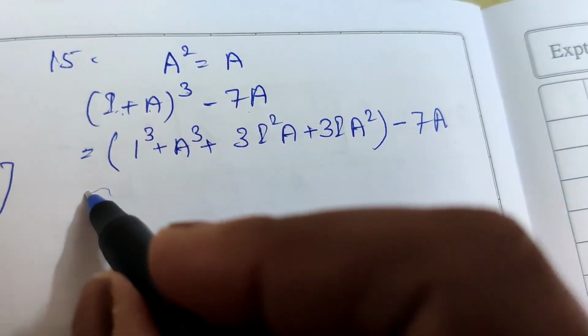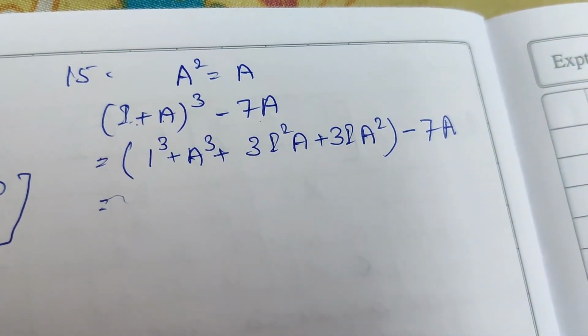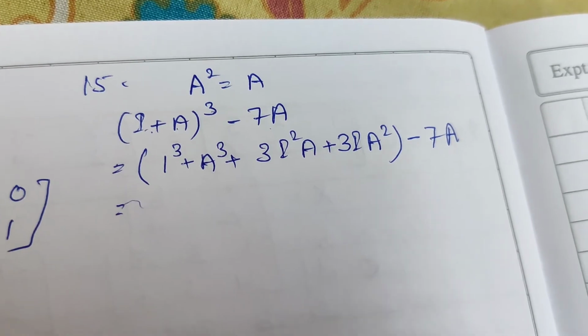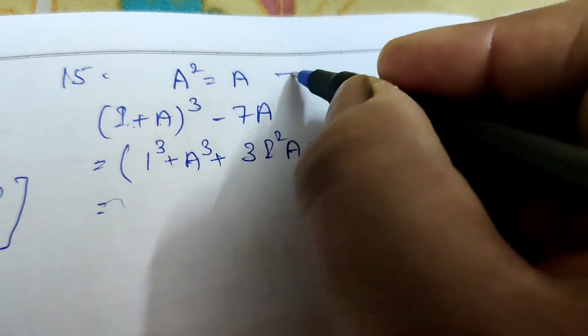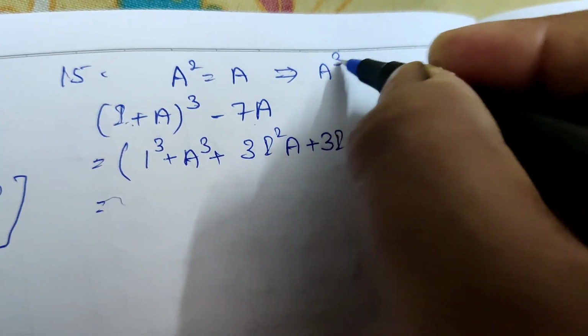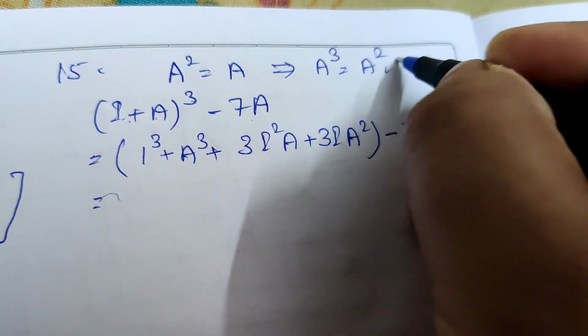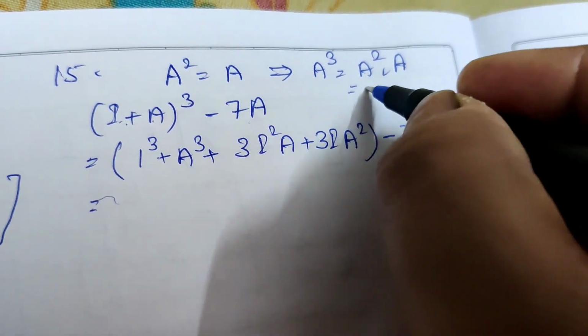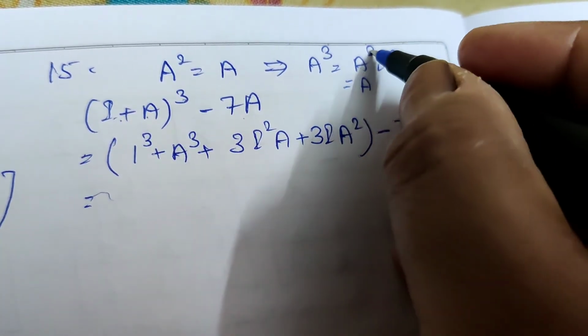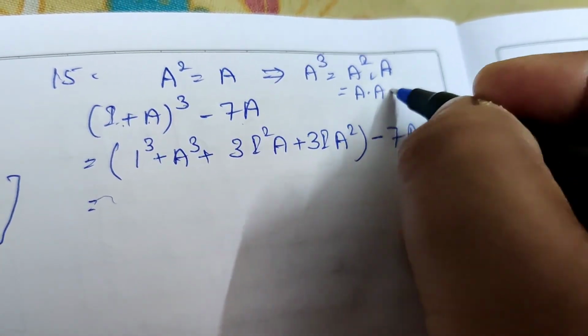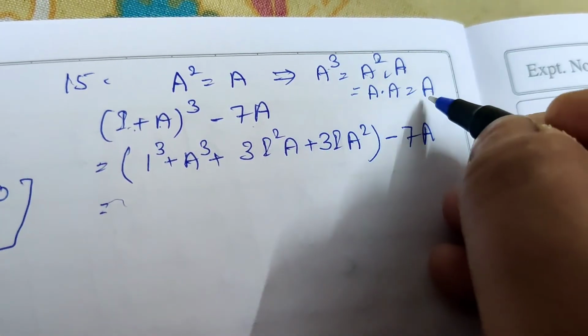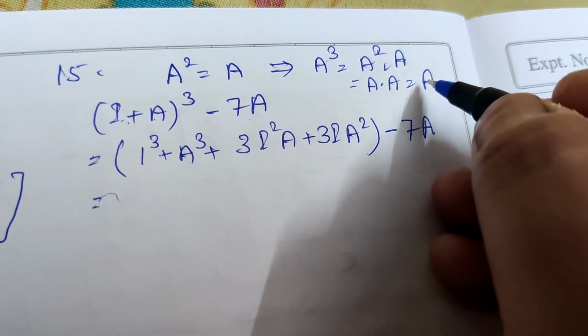Okay. The I square, we know that A square equal to A. If A square equal to A, then A cube equal to A square into A. It means A into A square equal to A into A equal to A. It means A cube is equal to A.